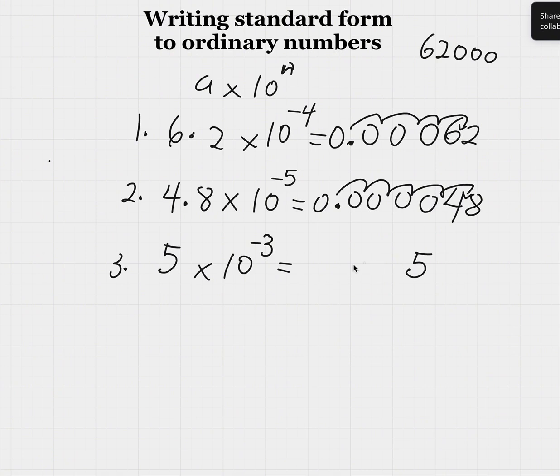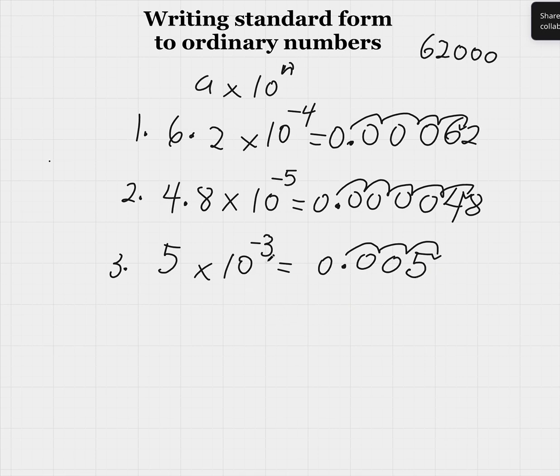So instead of 3 zeros, it's going to go to 2 zeros, and then you put your point there, and then 0. Now let's try it. If you move it 3 times, you should get 5. So 1, 2, 3. And so it comes at the end of 5, giving us 5.